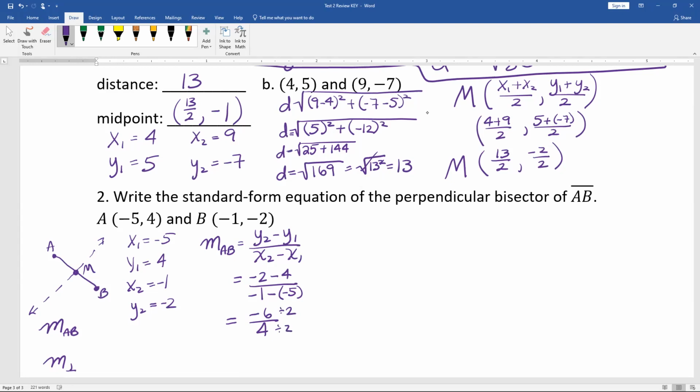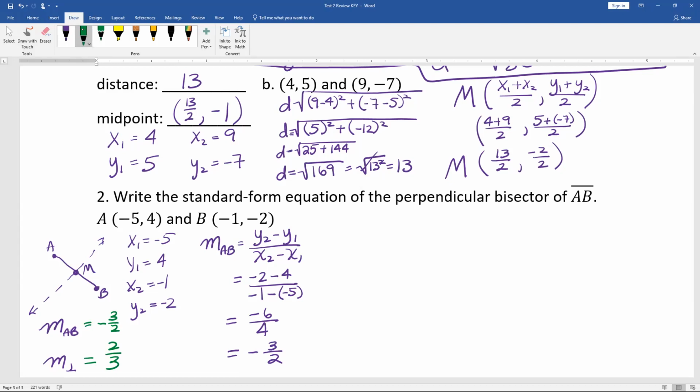-3/2, right? These both divide by 2. Because it's slope, I'm keeping it as an improper fraction. The slope of AB, our original line segment, is -3/2, which means that the slope of our perpendicular bisector is +2/3.